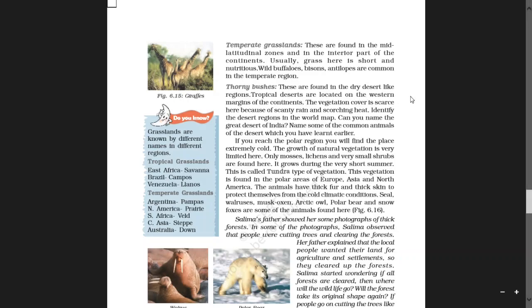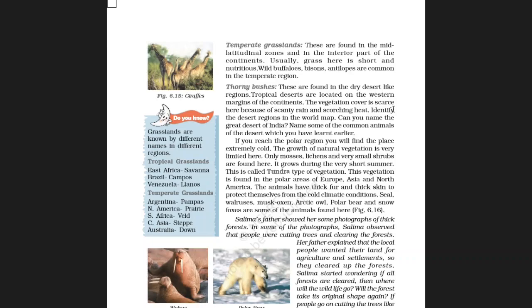The vegetation cover is scarce here because of scanty rain and scorching heat. So the vegetation cover in the thorny bushes is very thin.